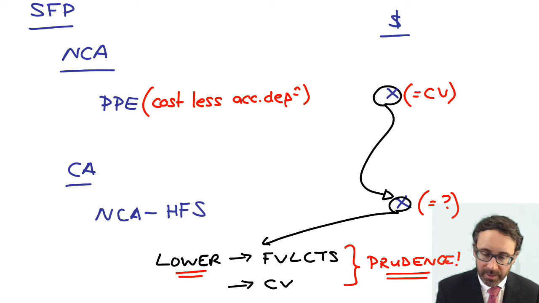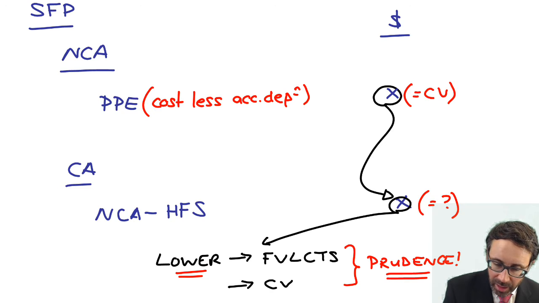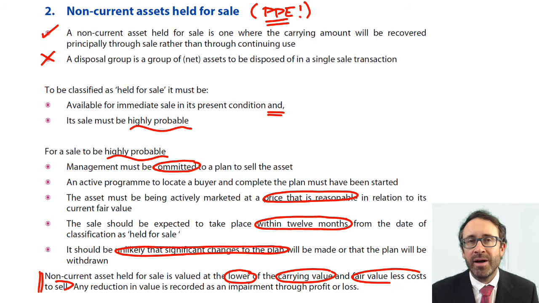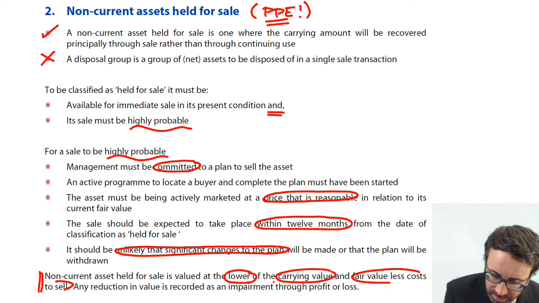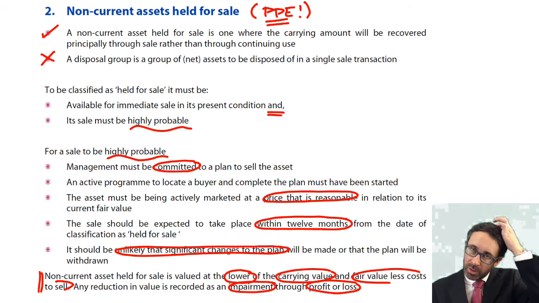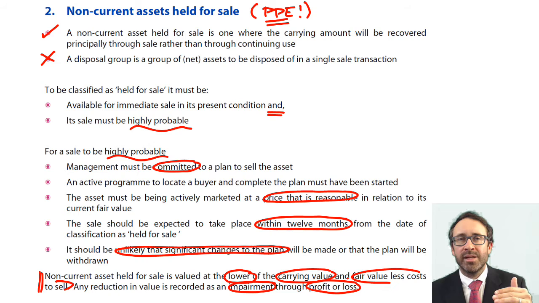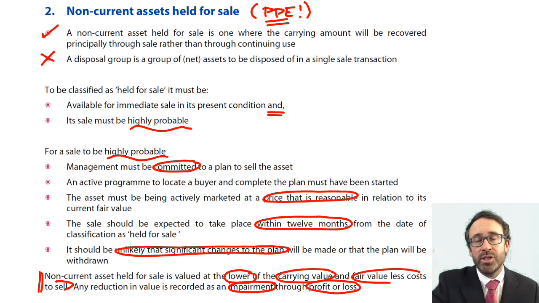Makes sense, doesn't it? So when you transfer it at the lower, what you should then find is that if it does go in at your fair value less cost to sell, then any impairment, the reduction in value, just goes through profit or loss. So within that year, you will have an asset that's non-current asset held for sale. You'll have the depreciation up to the date to which it is transferred.